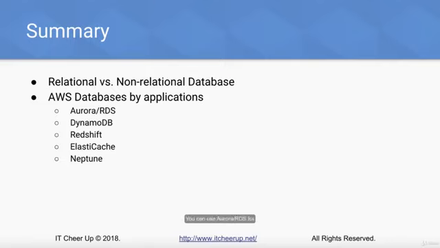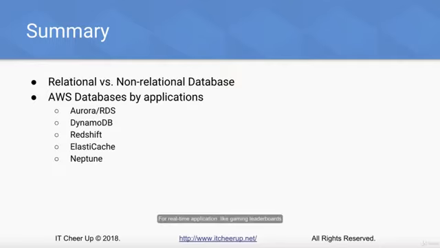You can use Aurora or RDS for transactional applications like ERP, CRM, and e-commerce to log transactions and store structured data. You can use DynamoDB for internet-scale applications to serve content and store structured and unstructured data. You can use Redshift data warehouse solution for online analytical processing, for operational reporting and querying on big-scale data.